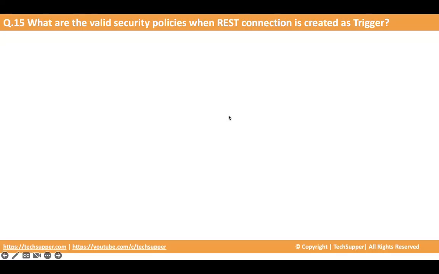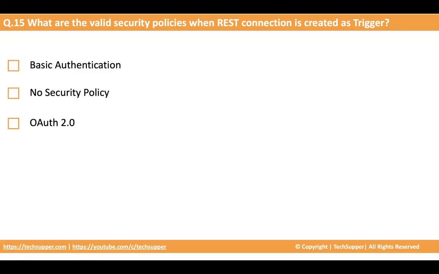If you don't know the correct answer, you can create a new connection of REST adapter with the role trigger, and under that security policy, you will see what valid options are available. Here are the options on your screen: basic authentication, no security policy, OAuth 2.0, basic authentication or OAuth 2.0.